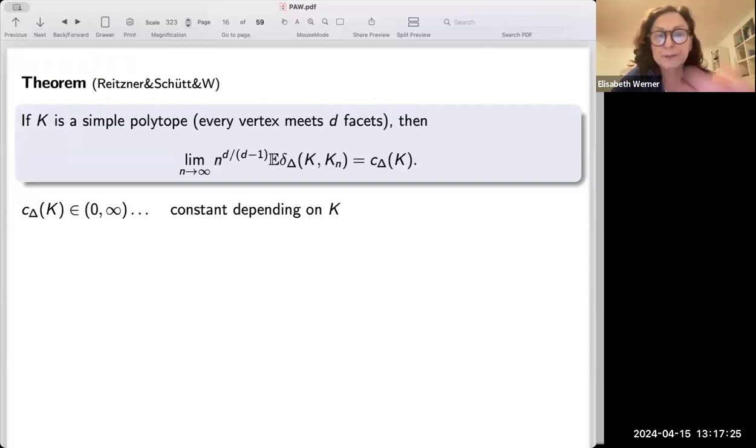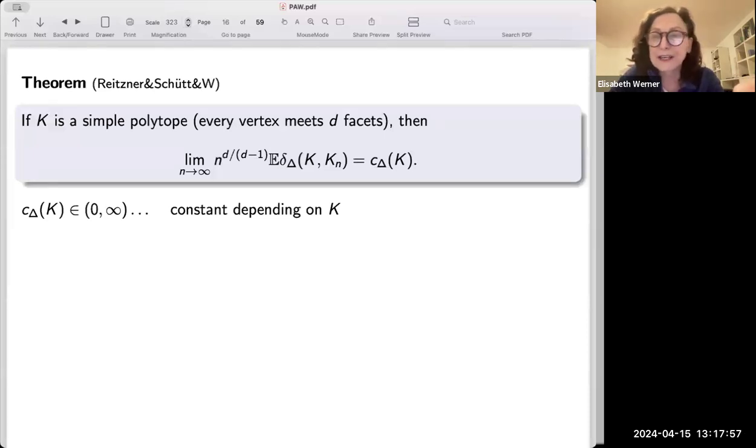So the expected symmetric difference metric between K and the random polytope, where again we have chosen the points on the boundary of this simple polytope now, times n to the d over d minus 1. The limit exists and is some quantity I've called C delta of K. This is a constant that depends only on K. And we know it is strictly positive and finite.